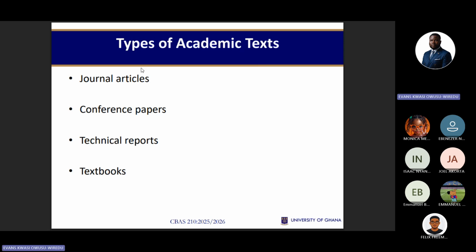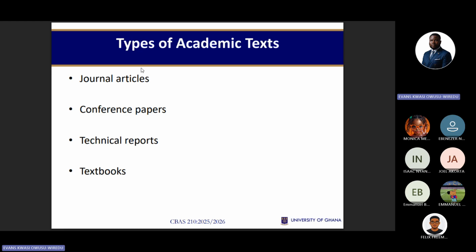Okay, so we looked at journals as a type of academic text, journal articles, right? Where we can read the text thereof, and be educated or well informed on a particular topic or subject. We looked at conference papers, technical reports, textbooks, right?